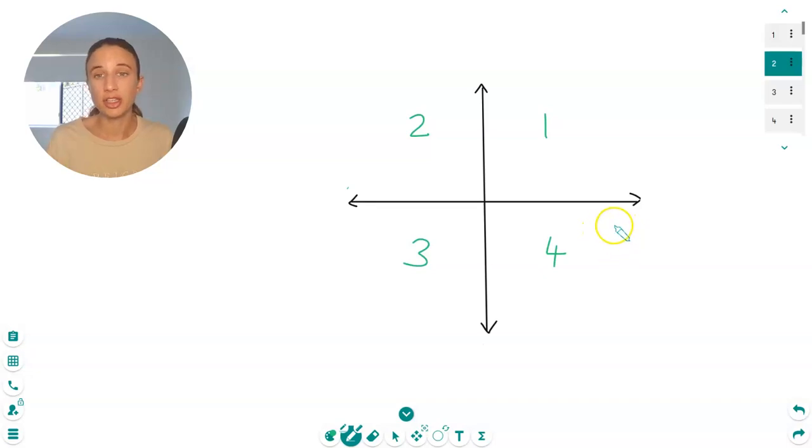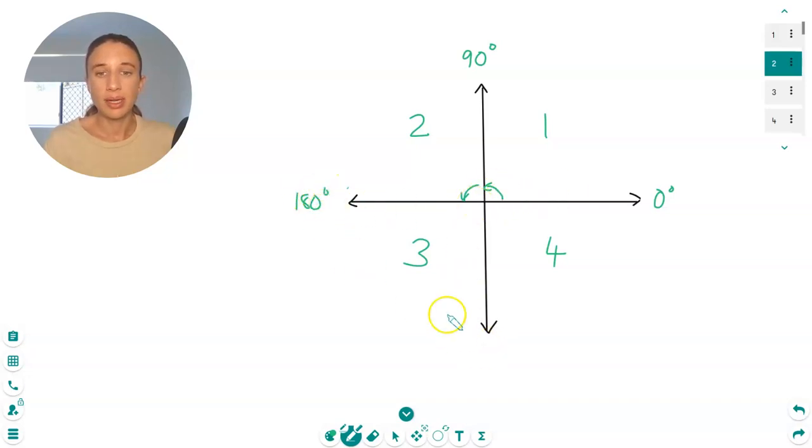The next thing you need to know is where the angles in the unit circle will lie. And we know this because we label them starting here, 0 degrees, and then that goes up to a right angle, which is 90 degrees. And then that goes to 180 degrees, a straight angle.